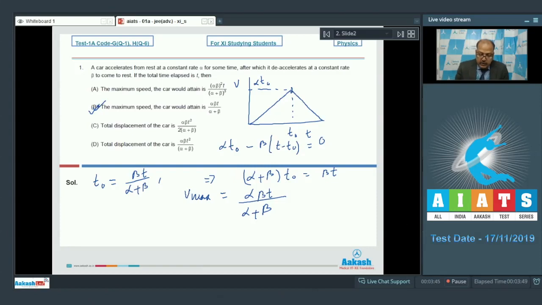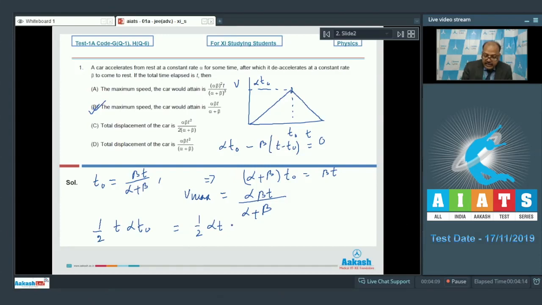Let's now find the total displacement the car has. Obviously the total displacement is the area under the velocity time graph, and that area is equal to half into base into height. Base is t, and the height is alpha t naught. We substitute the value of t naught from here, and then it is equal to half alpha t.